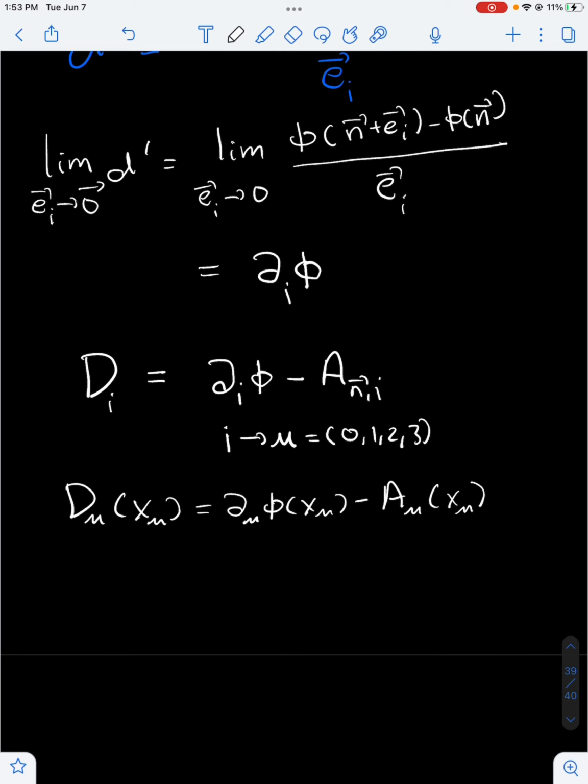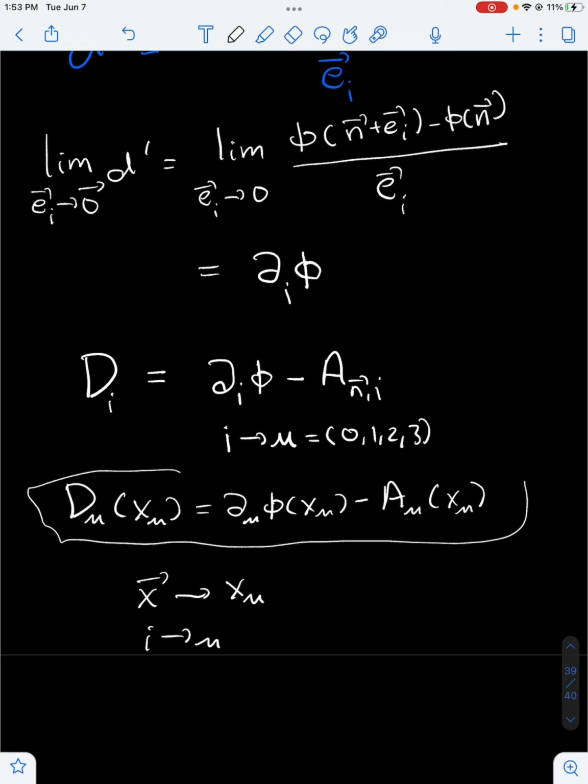So when we switch from 3D to 4D, the x becomes an x mu, the I becomes a mu, and that's how we get this formula right over here. All we have is 4D instead of 3D.